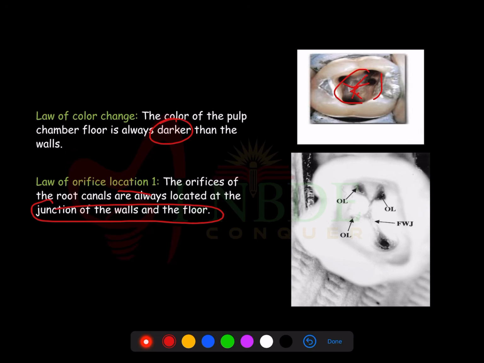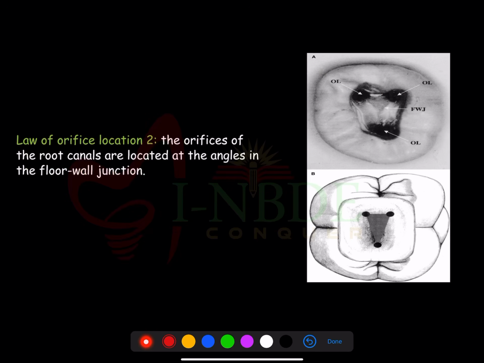So this is the floor and this is the wall. At the junction of both, you can see your orifices. Location 2 says that they are located at the angles in the floor and wall. Previously I told you it can be located in the junction. Junction is this, angle is this. So if it is not located in the junction, it will be located in the angle.